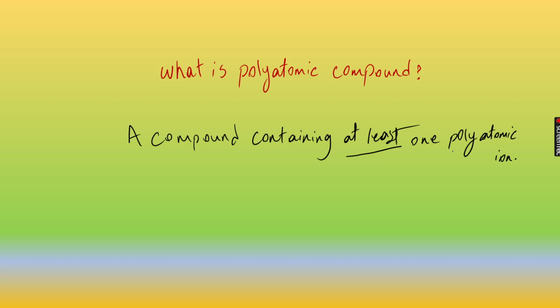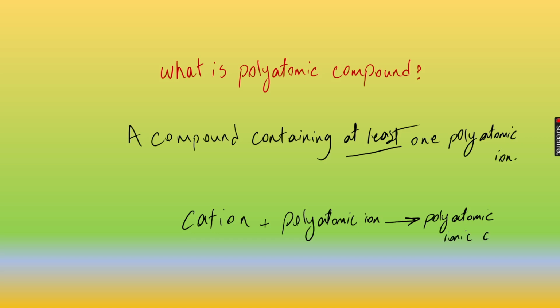Most of the polyatomic ions have a negative charge. And in this way you can see the cation plus polyatomic ion create polyatomic ionic compounds.